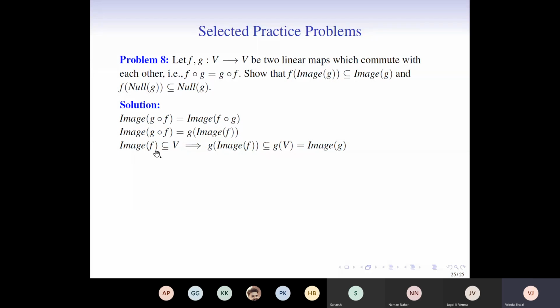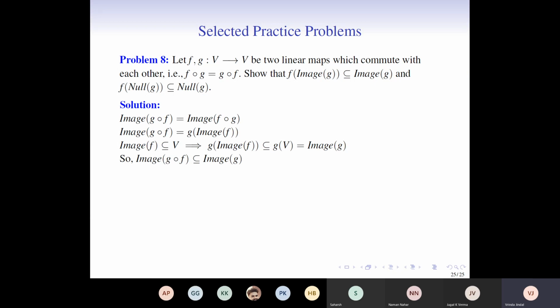So this means that image of f is a subset of V. So applying g to both sides, g of image of f is a subset of g of V. So what is g of V? G of V is basically the image of g. It's all those vectors that we can get by applying g to some vectors in V.